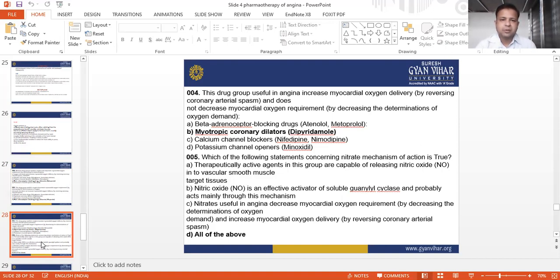B, myotropic coronary dilators such as dipyridamole. C, calcium channel blockers, that is nifedipine and nimodipine. And D, potassium channel opener, that is minoxidil. So the correct answer is B, myotropic coronary dilators.